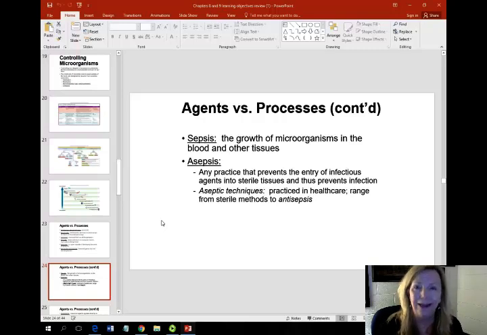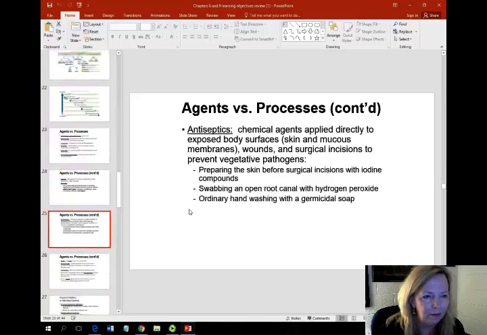ORs should be sterile because obviously you're greatly insulting someone if they're having a surgical procedure. So use aseptic techniques anytime there's any invasive procedure, to prevent sepsis, which is an actively growing organism in the bloodstream.